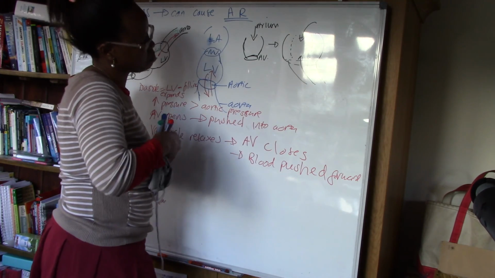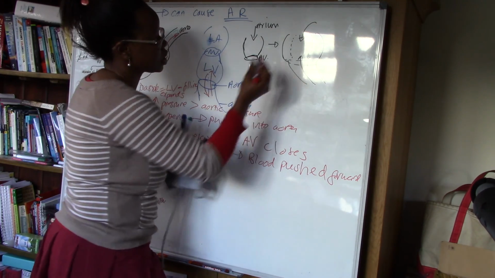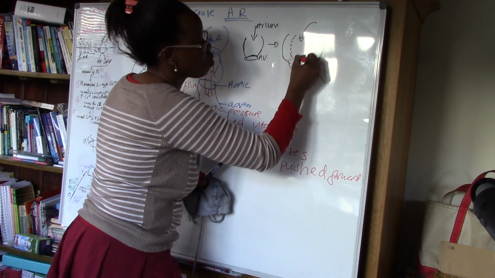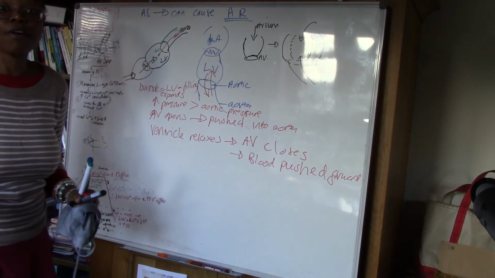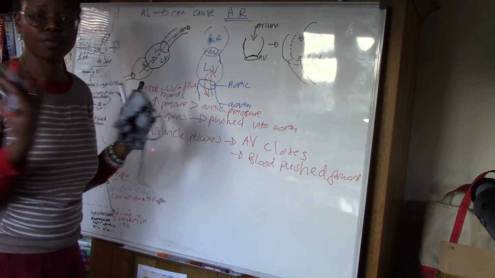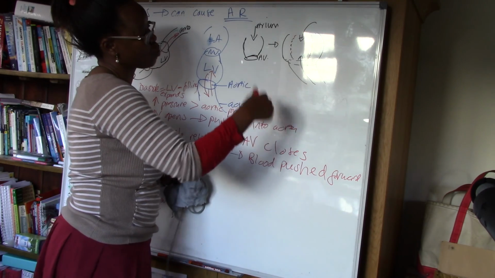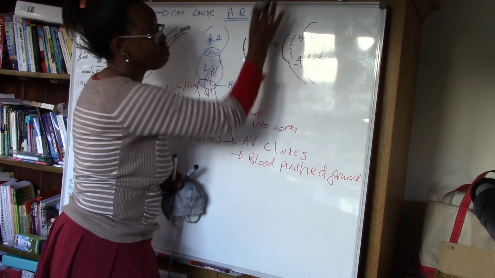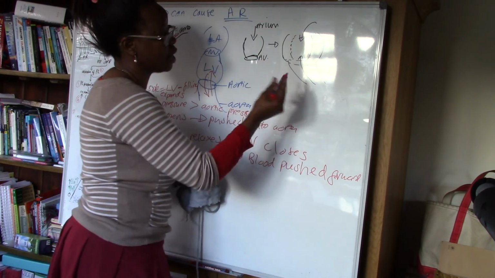I think this makes a point. This is what it used to be, the normal size. However, because it's now receiving two sources of blood, when really there should just be forward ejection, there is now that backward flow of blood.